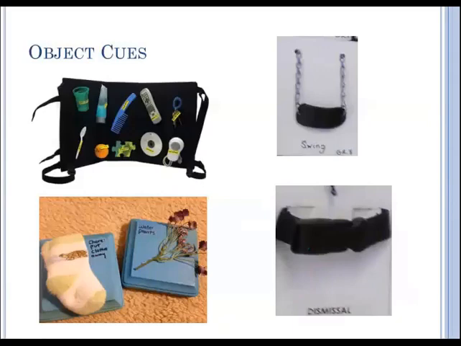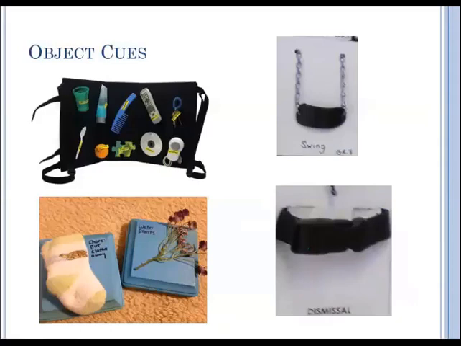When we're talking about learners who might not have really clear concepts of all of these different things in their environment yet, we might need to be much more concrete and really think about what the child's actual experience is. If a student is sitting on the toilet, what's nearby? The toilet paper roll. So maybe a toilet paper roll might be a more appropriate cue to represent going to the toilet. Same thing for taking a ride in a car.